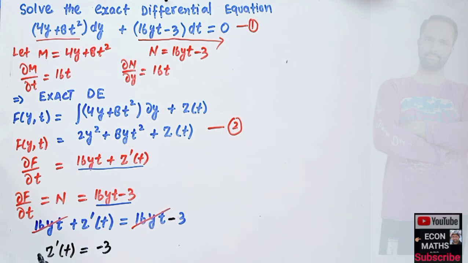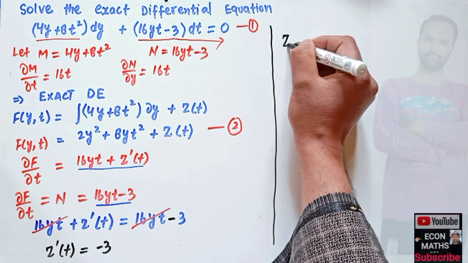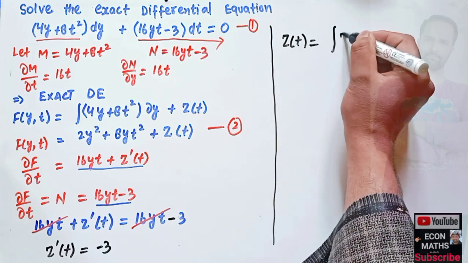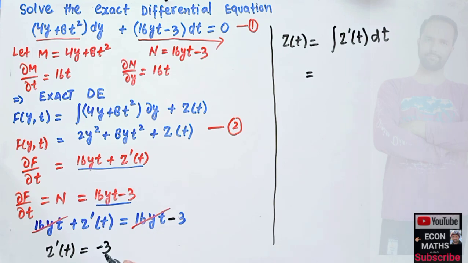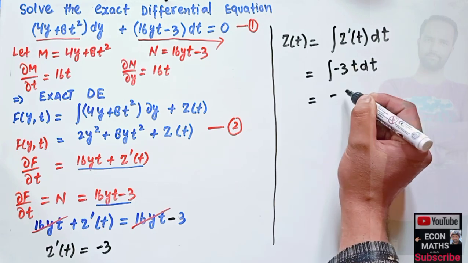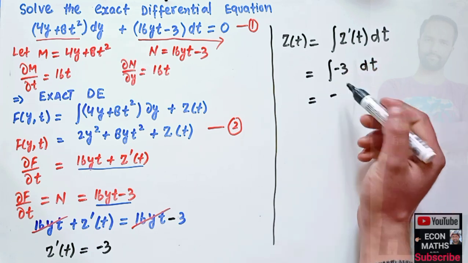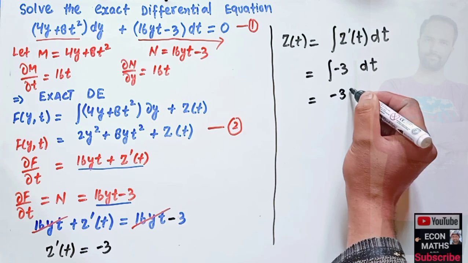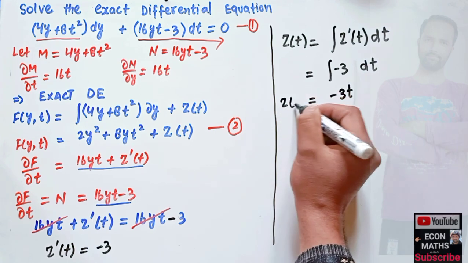After that, we integrate z'(t) with respect to t to find the z(t) term. So z(t) is equal to the integral of z'(t) dt, which is the integral of −3 dt, and that gives us −3t.